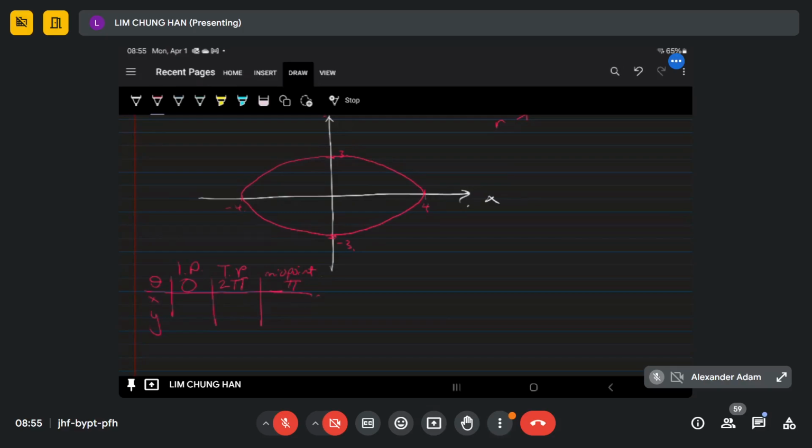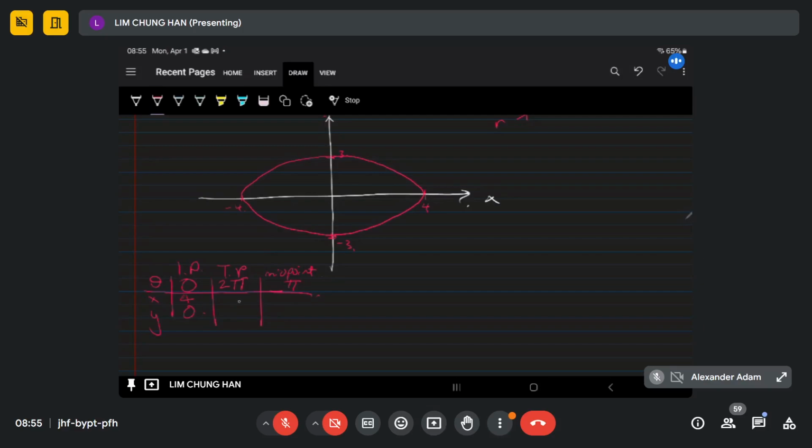When theta is 0, what is X, what is Y? X is 4, Y is 0. Okay, very good.